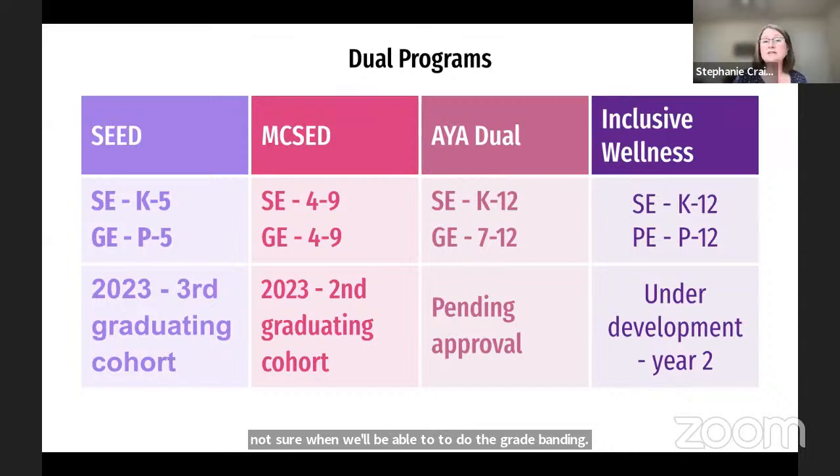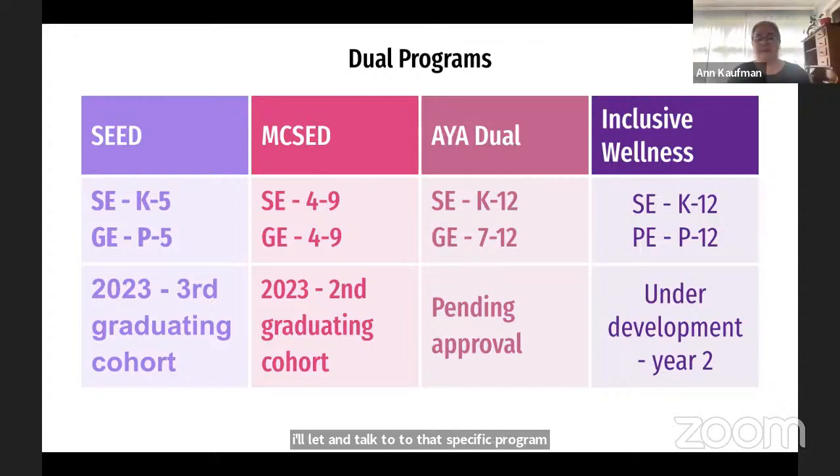And then mixed ed, I'll let Ann talk to that specific program. Right. Our second cohort will be graduating next fall, and it's very similar to the SEED program. It's a dual program as well, so students don't have the option to take coursework in just general ed or just special ed.